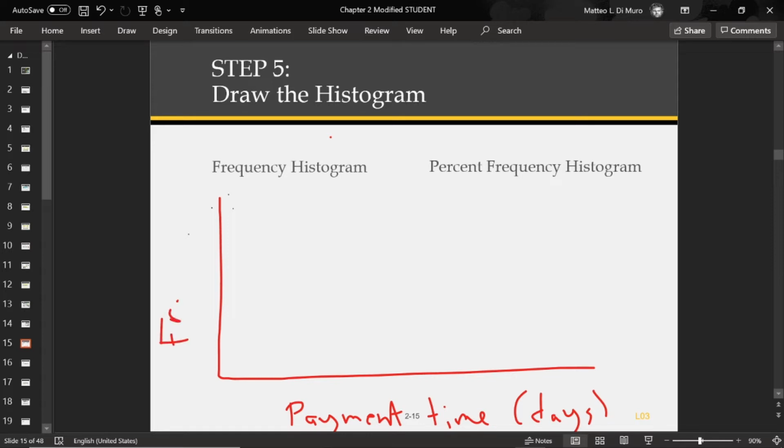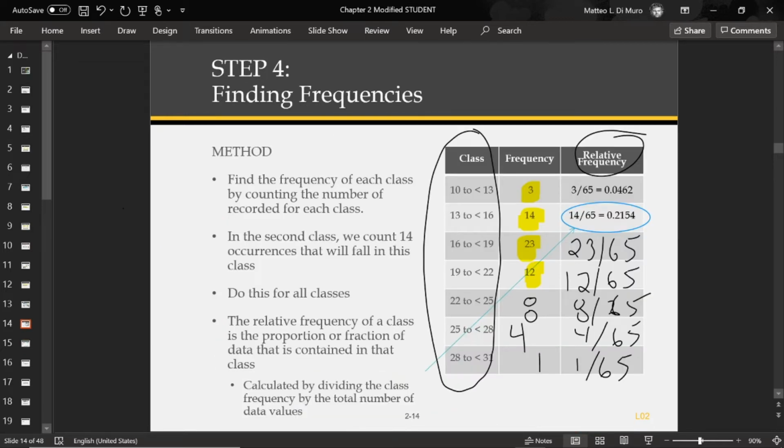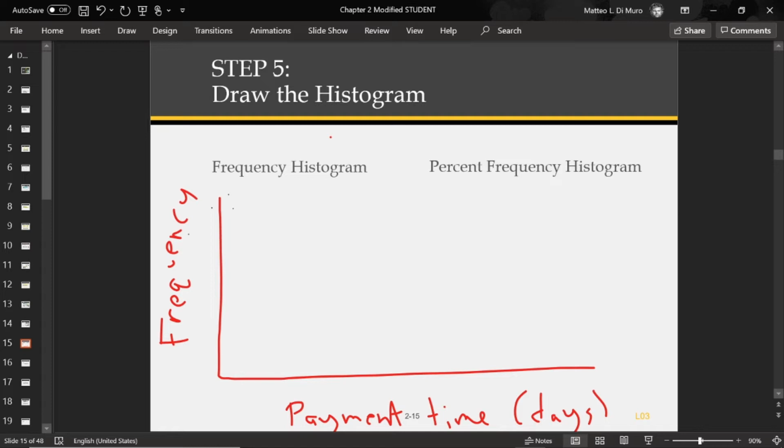Over here, you can write frequency. Now, our data points kind of range from anywhere between 0 and 30, basically, right? If you go back and look, 10 was our lowest, 29 was our highest, but usually you want to start on 0 and work your way up to your biggest data points. So, 10 to 29, I'm going to go up by 5s.